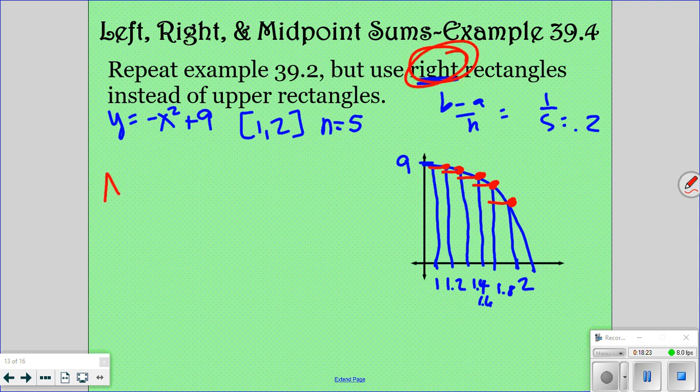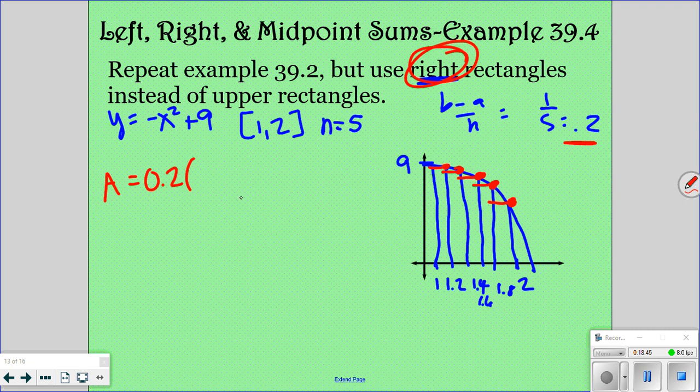So the area on this one, the length down here is 0.2 because we found that the distance between them was 0.2. Now we're not going to plug in 1 because we don't have a dot there.